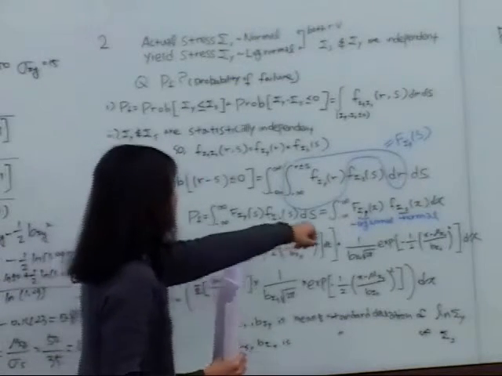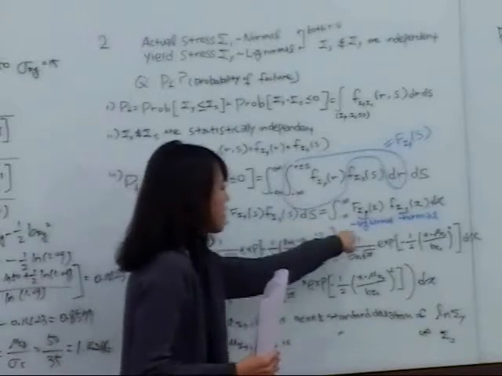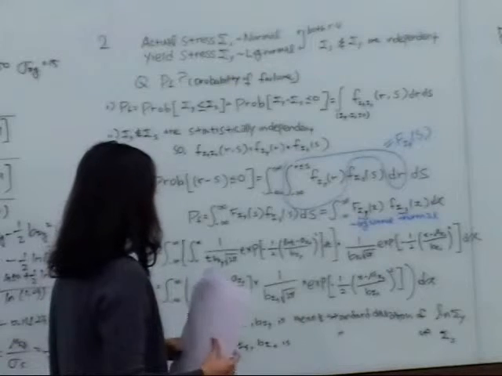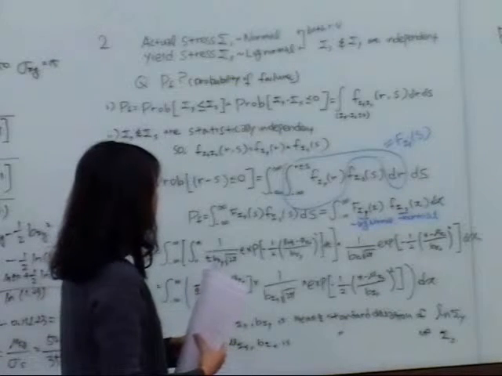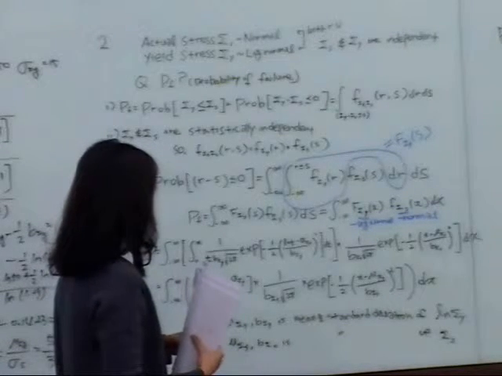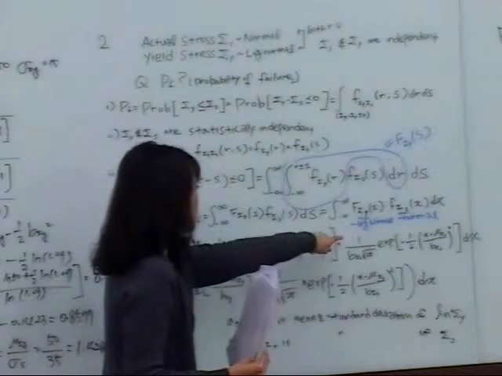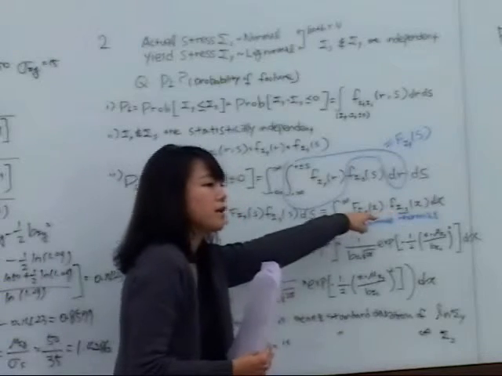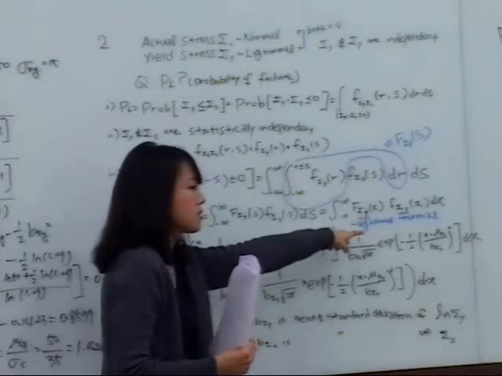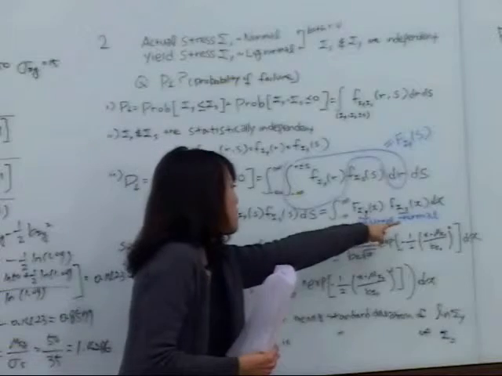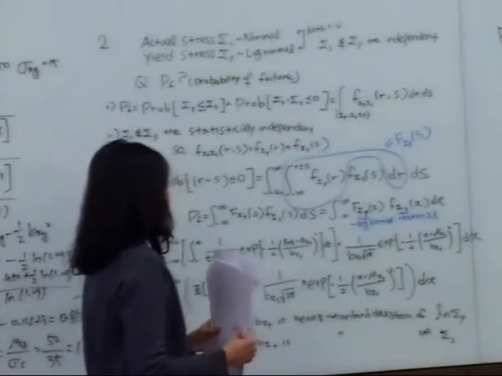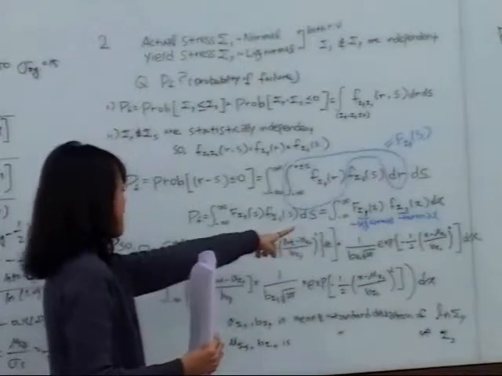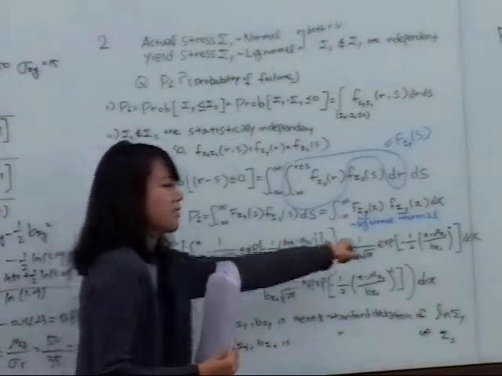So we can express it as this one. Just substitute this one and this one as a log normal density function and a normal density function and the normal cumulative density function. So it becomes this one.